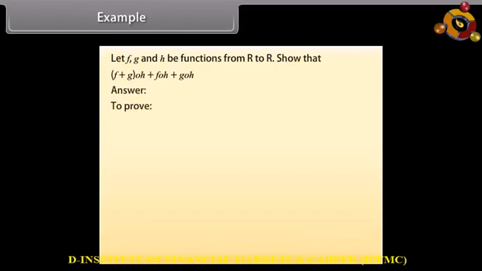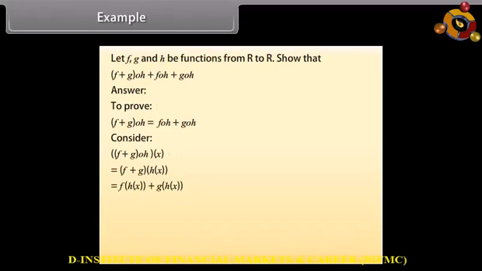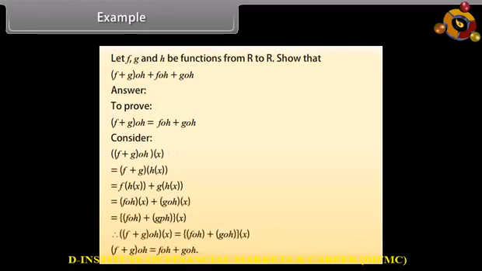To prove (f plus g) of h is equal to f of h plus g of h, consider (f plus g) of h of x, which is equal to (f plus g) of h of x. On solving we get (f plus g) of h is equal to f of h plus g of h. Hence proved.